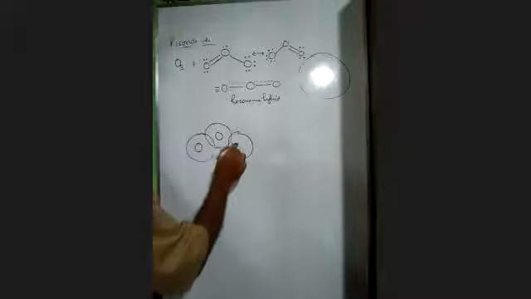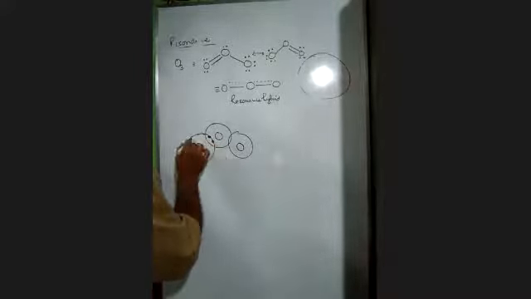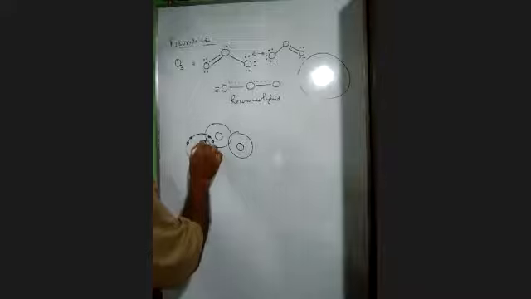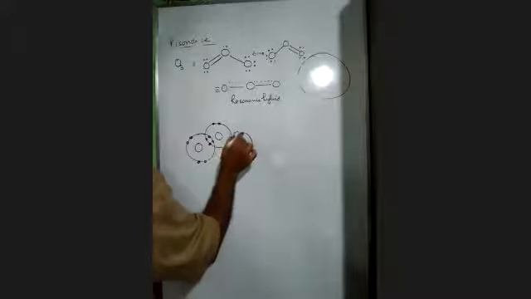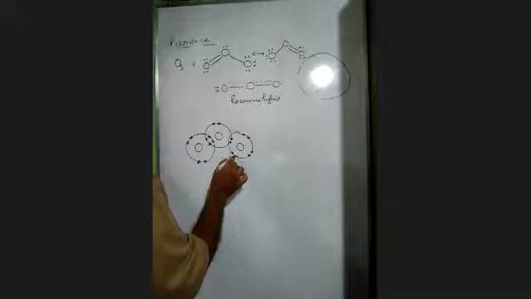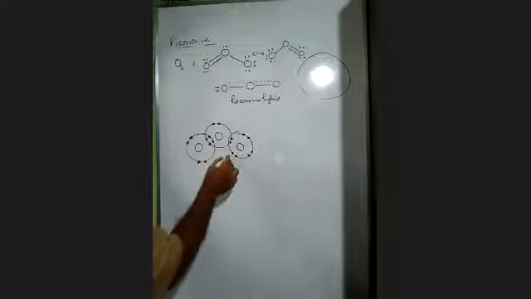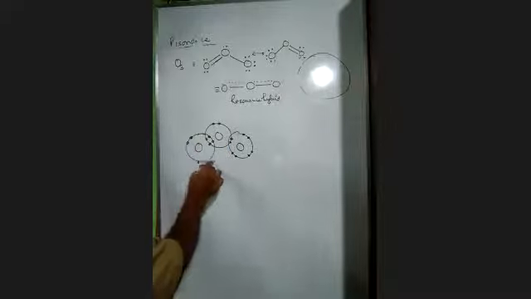Oxygen, oxygen, oxygen. Oxygen has 6 valence electrons. So this is 6. See here, these are the 6 electrons of this oxygen, these are the 6 electrons of this oxygen, and these are the 6 electrons of this oxygen.